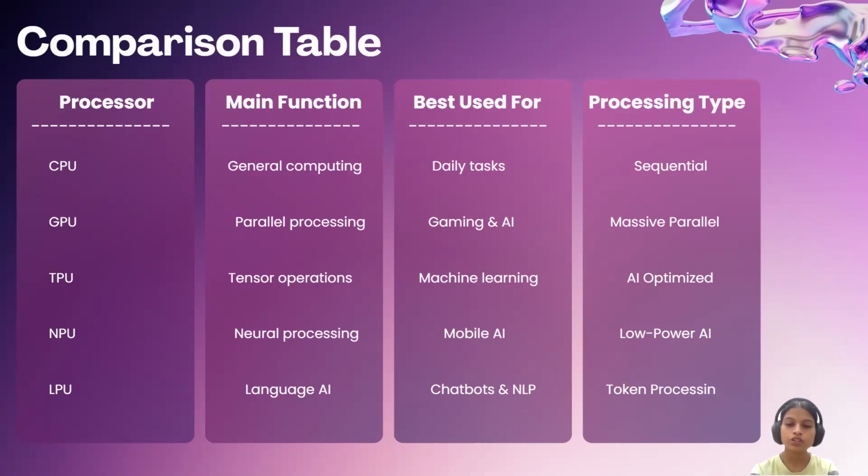TPU is specially optimized for machine learning and tensor operations. NPU is mainly used for mobile AI with low power consumption. LPU is designed for chatbots, natural language, and processing using token processing.